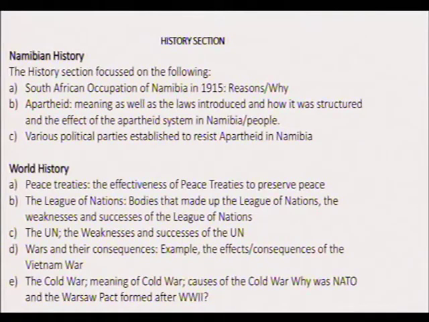The League of Nations was formed before the United Nations. So the League of Nations, that was the bodies that made up the League of Nations, the weaknesses and the successes of the League of Nations.